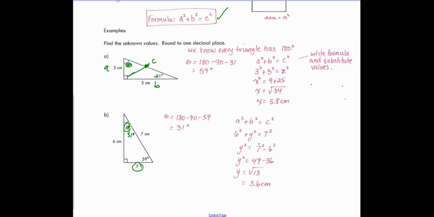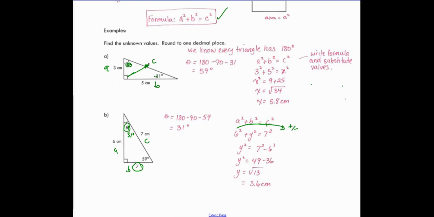All right, here we substitute our values, but this time we know C as 7, and we know A as 6, but we don't know B. So B, they've named again, so if we do A, B, and C, then we rename B as Y. So what happens is the 6 is brought over here, and we change the sign.